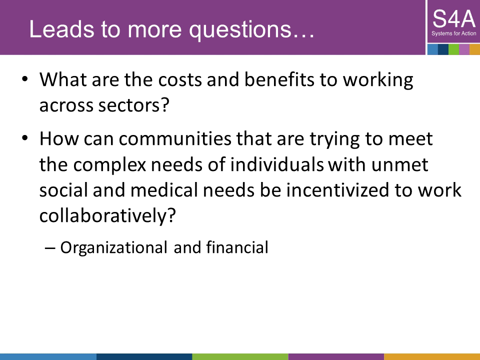So, really I think that what we have here leads to more questions. What are the costs and benefits to working across sectors when we see some of those negative relationships? And how can communities that are trying to meet the complex needs of individuals with unmet social and medical needs be incentivized to work collaboratively?